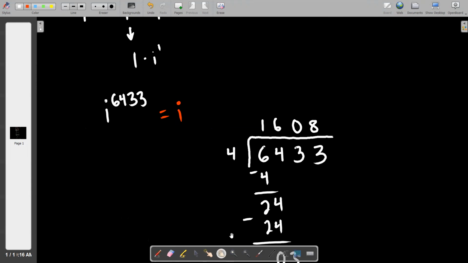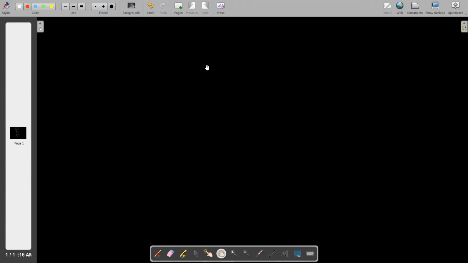What I want in my notes is a nice, beautifully clean table. For this half of your table, this is positive powers of i. This will help you a lot.